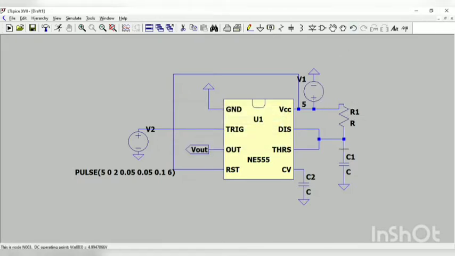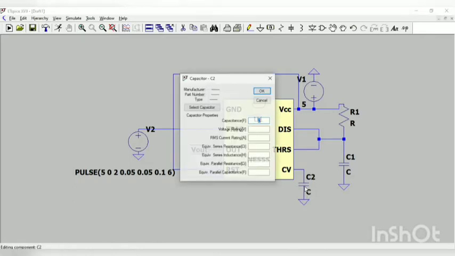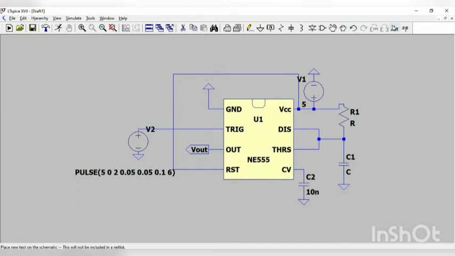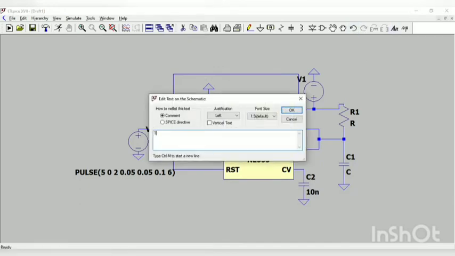For this control voltage capacitor, it is around 10 nanofarads. Now R1 and C1. The time period is measured as 1.1 times R1 times C1, and suppose I want a 5 second time.